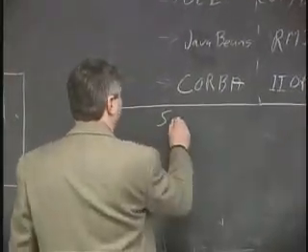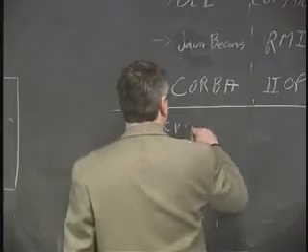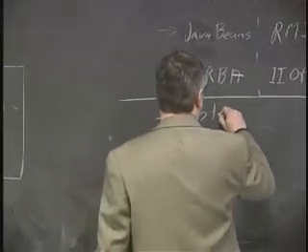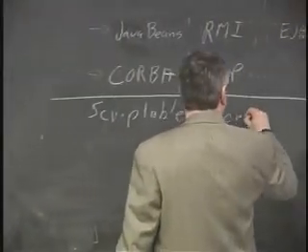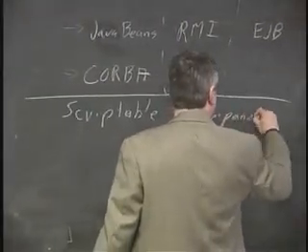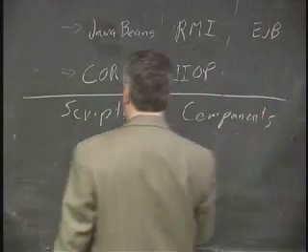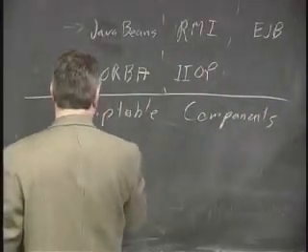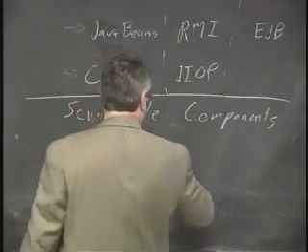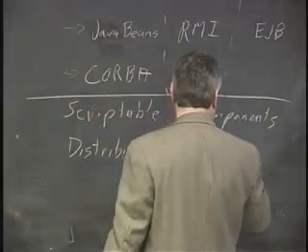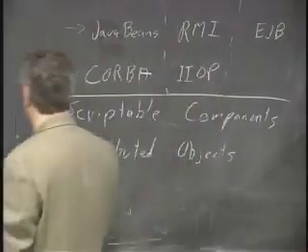So I'll call the two applications scripted components, or scriptable. Let's call them scriptable components. And distributed objects. Okay?